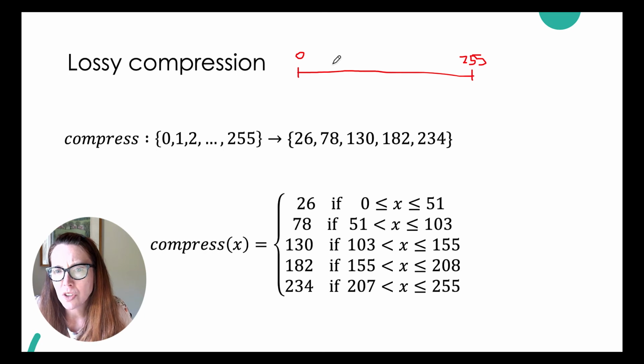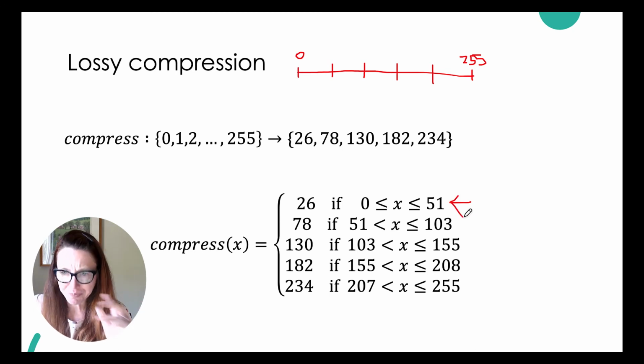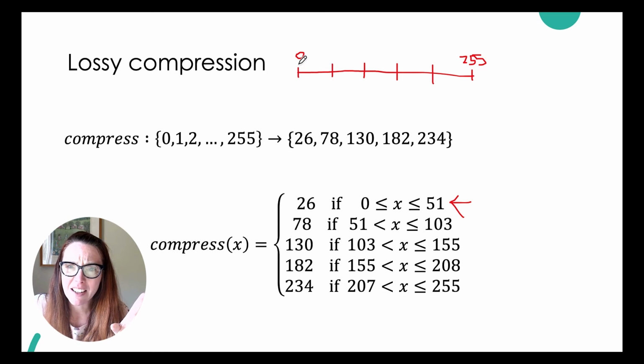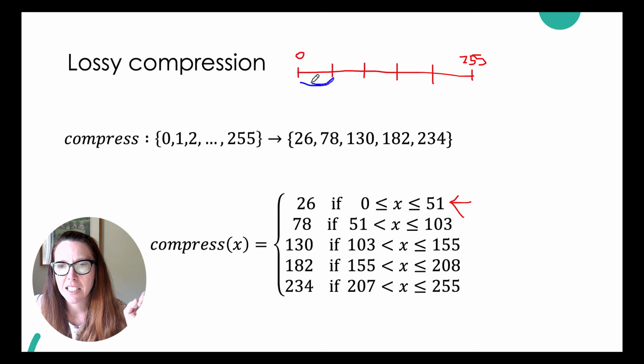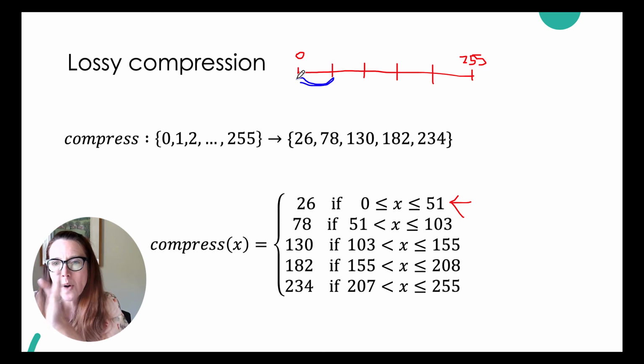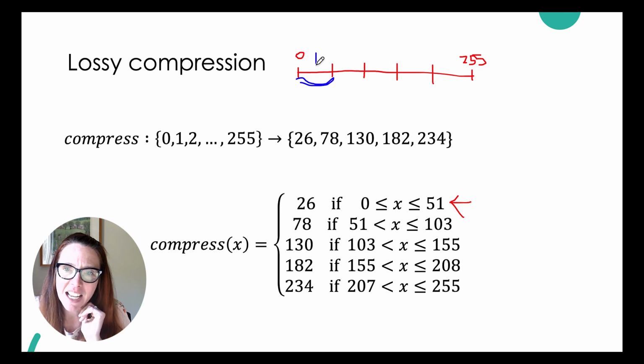And what we do in this process of compression is we say, in this example, we're taking 5 big chunks, so this being the first, and we just say, do you know what? I don't really care in this realm right here if I'm quite as black as 0, or I'm quite as light as 51, but I'm just going to take an average in there.